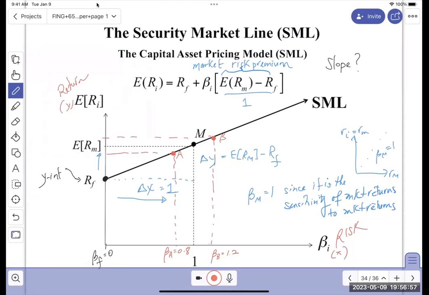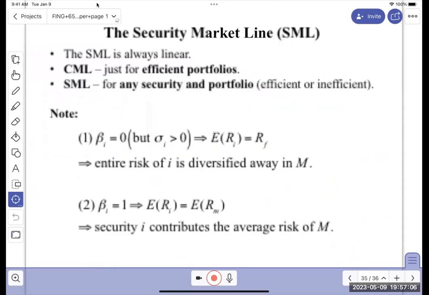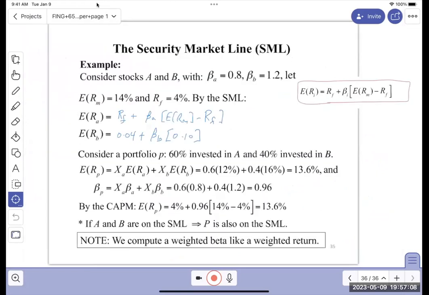So A is going to have an expected return smaller than M, and B is going to have an expected return bigger than M. And it's all because of the beta. So the beta is going to help us trace through.